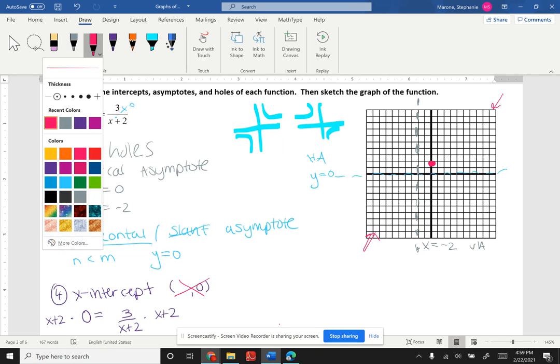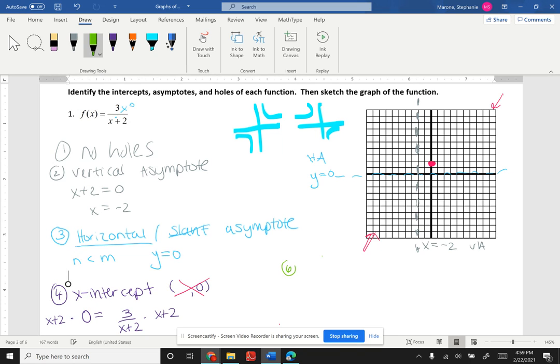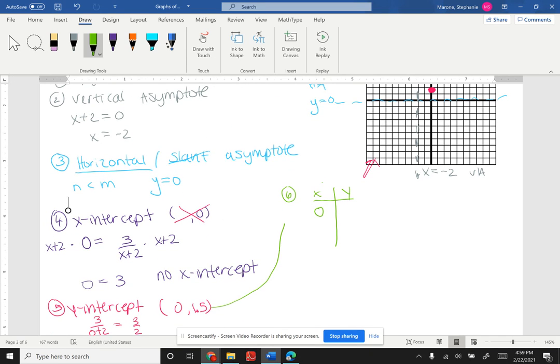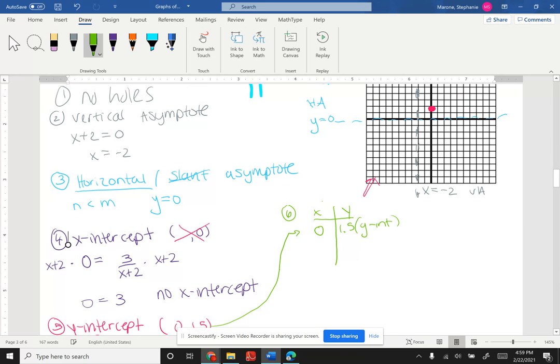So to choose values of x to find values of y, I'm going to make a t-chart. I already have the point (0, 1.5) from here. That's my y-intercept. So I need to find more points over in that first quadrant.